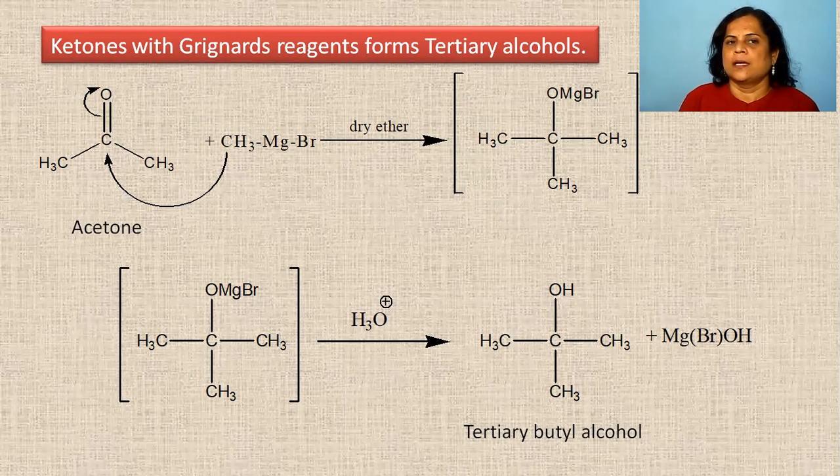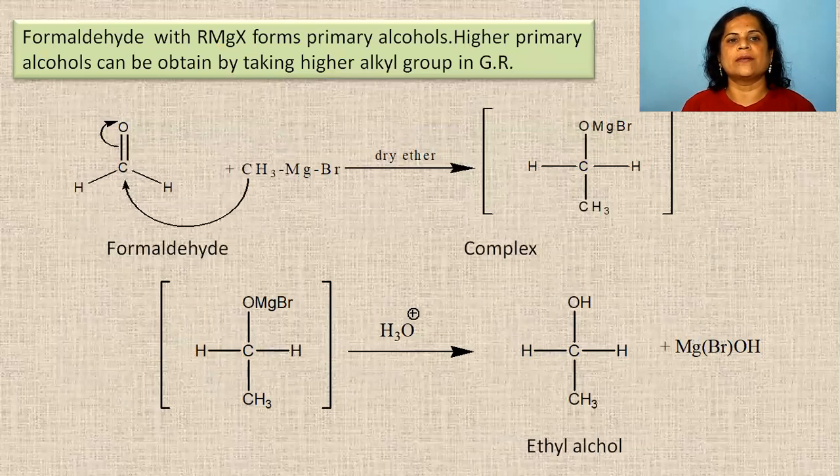But if you want to prepare primary alcohols from Grignard reagents and carbonyl compounds, for that we require formaldehyde. Only formaldehyde forms the primary alcohol when it reacts with Grignard reagents.